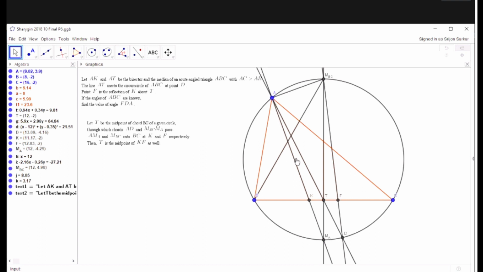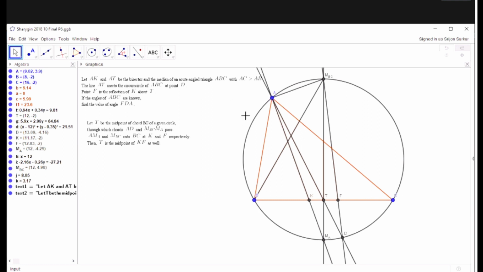So it's given that AK is the angle bisector, AT is the median, and AT meets the circumcircle at point D. And it's further given that F is the reflection of K over T. I have marked these points M sub A and M sub BC because you all know fact 5, the incenter-excenter lemma.